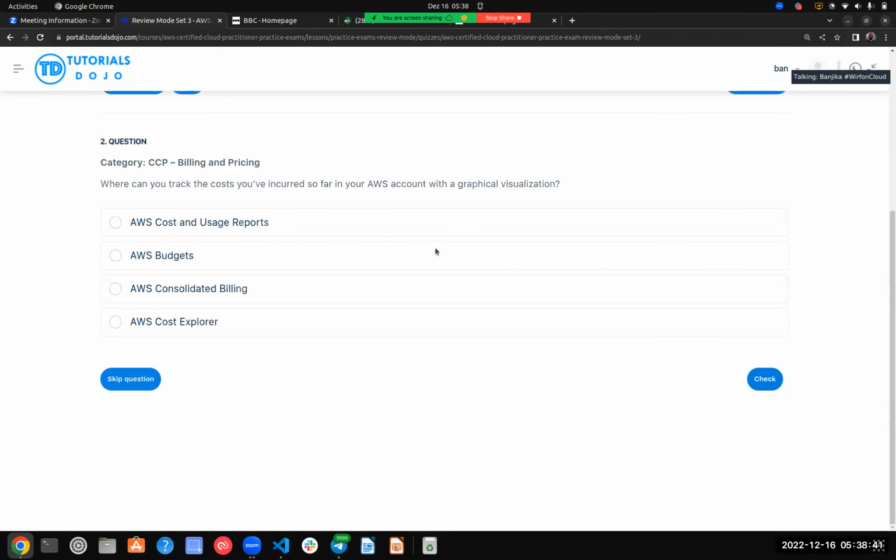Okay. The next question is for you. Where can you track the costs you incurred so far in your AWS account with a graphical visualization?